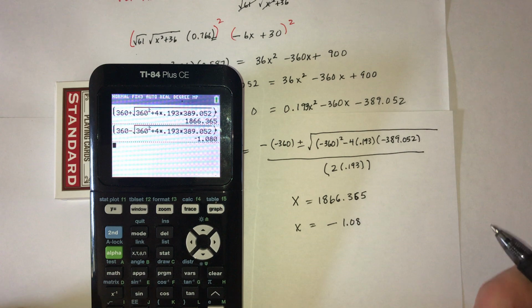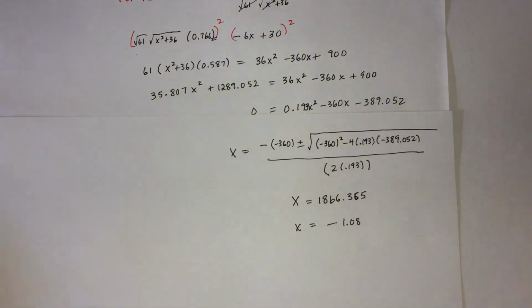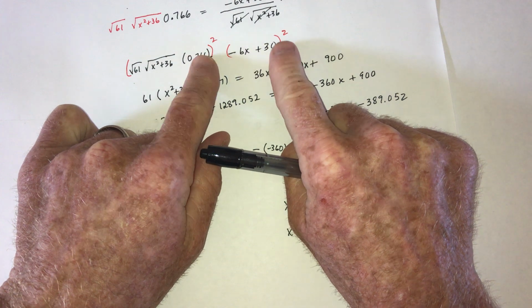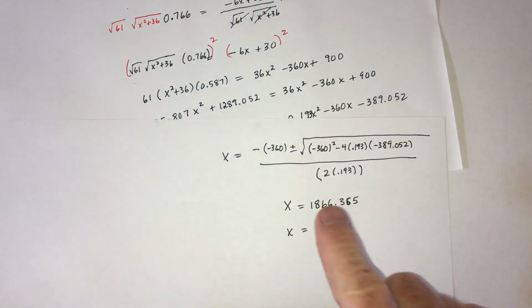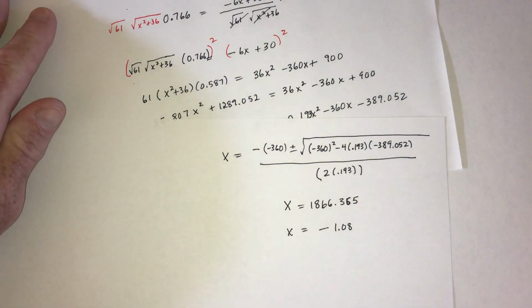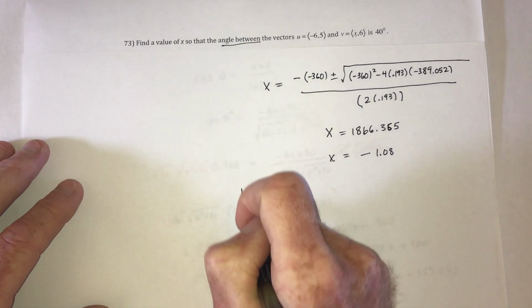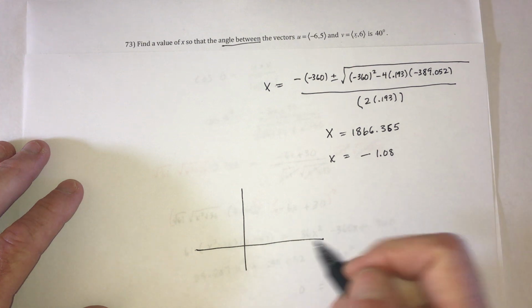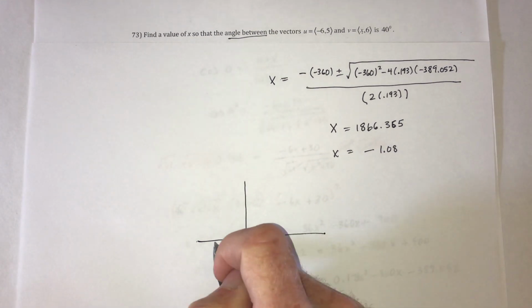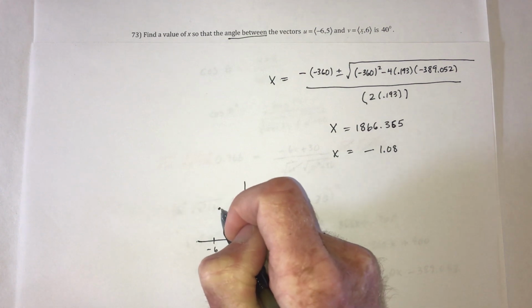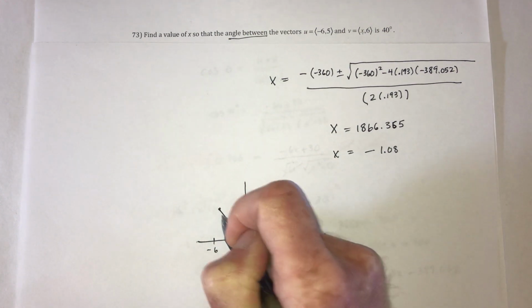Now, why did I get two answers? Don't forget, whenever you square both sides, which is a legal operation, it could give you an extra answer that doesn't make sense. So which of these two makes sense? So one vector is negative 6, 5. So it's like this.